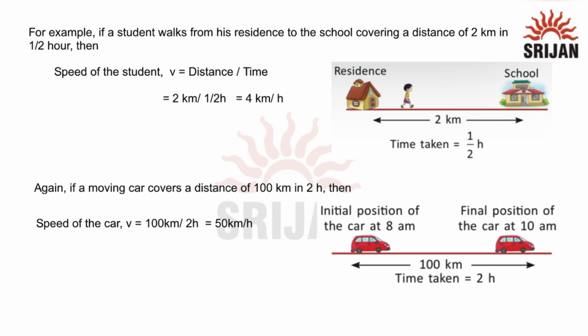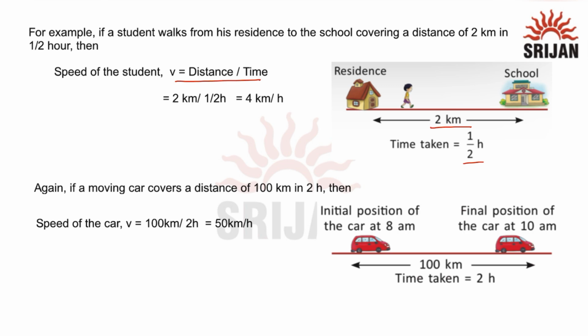Now let's understand it with an example. A student walks from his home to school, covering a distance of 2 kilometers in half an hour. So we have the distance, 2 kilometers, and the time, half an hour. Speed equals distance upon time.